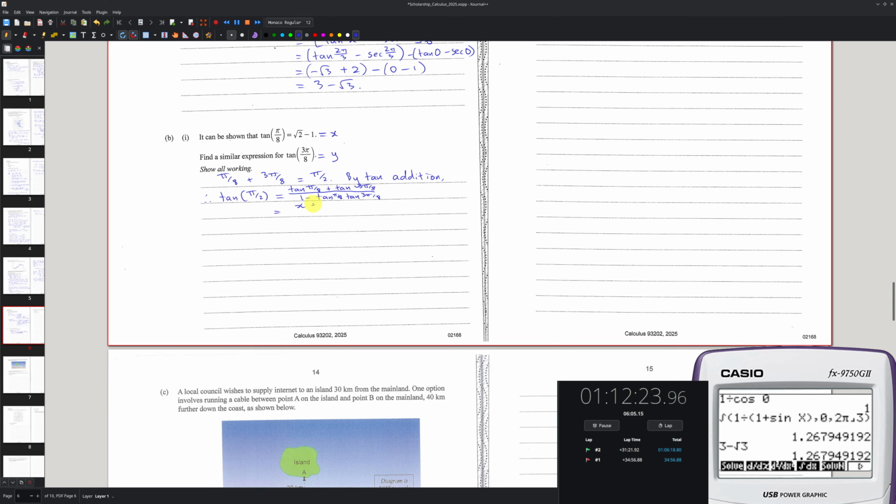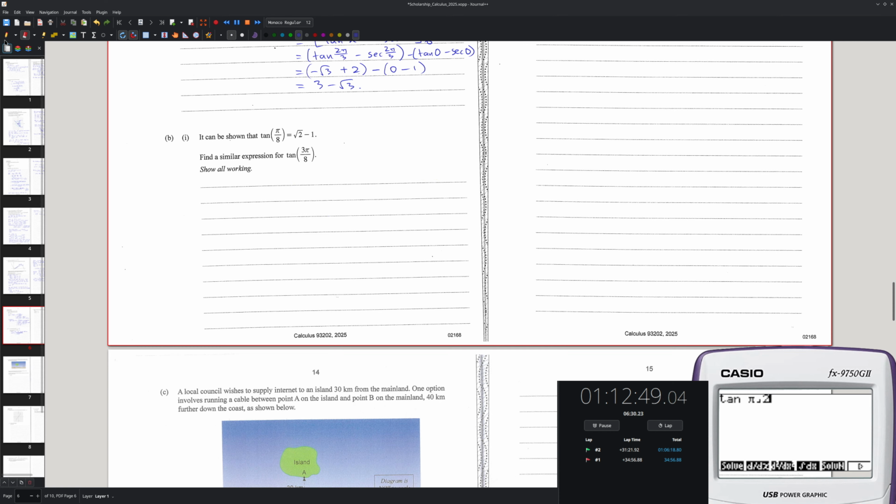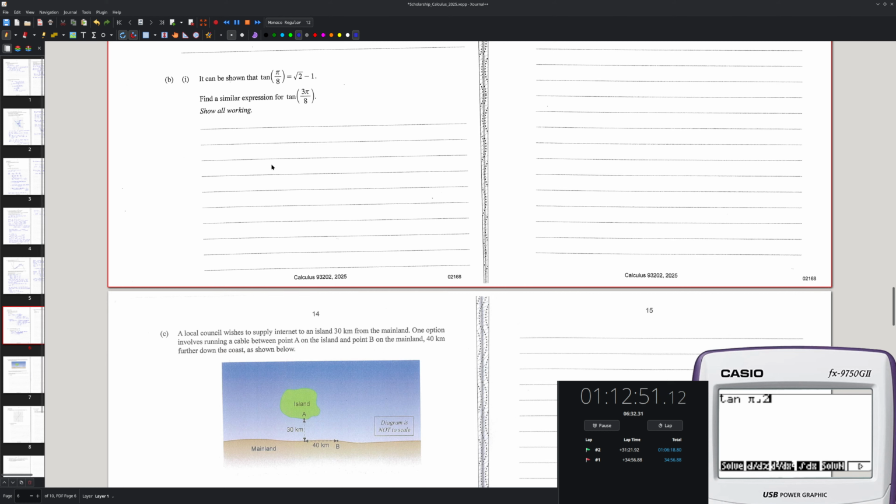This is x plus y over 1 minus xy. And then what's tan pi on 2? We should know tan pi on 2 is just 1, right? What? Wait, hold up. No, tan pi on 2 is infinity. Wait, no, tan pi on 4 is 1.